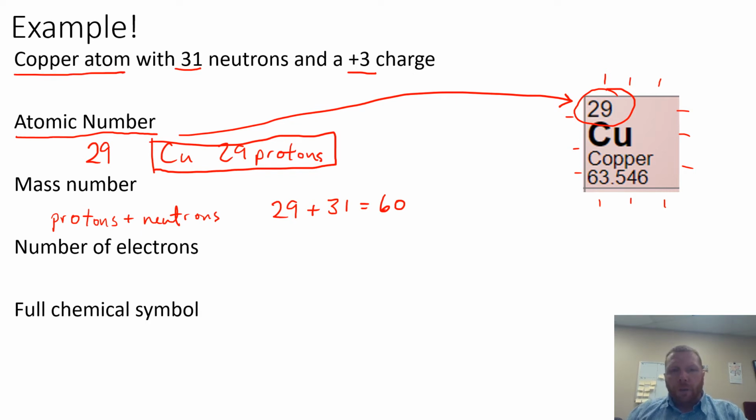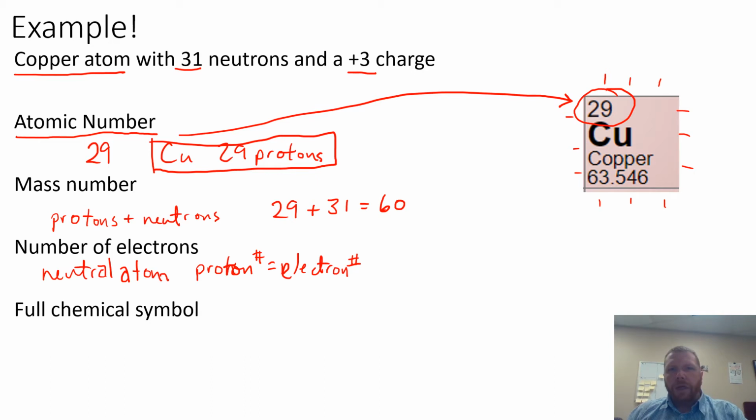The next question is number of electrons. Generally, when you talk about a neutral atom, let me write that out, neutral atom, the proton number is equal to the electron number. Now, in this case, we have a non-neutral atom.